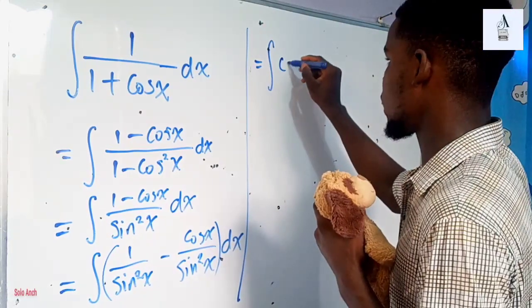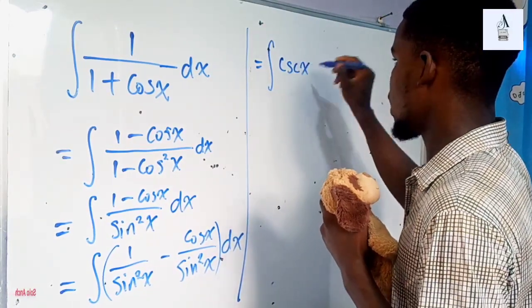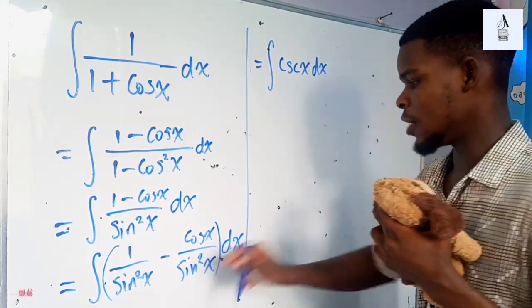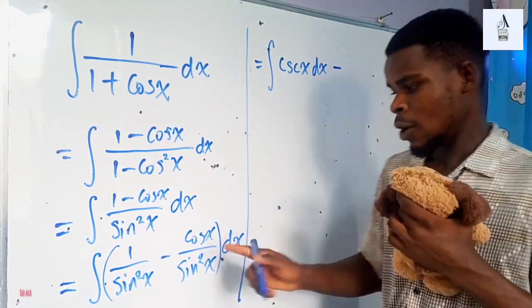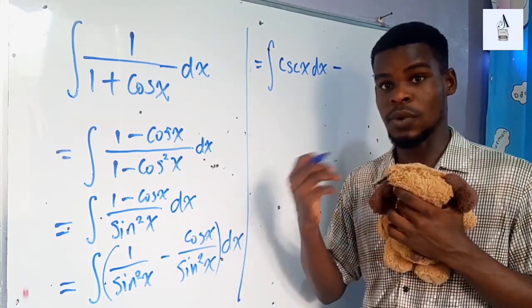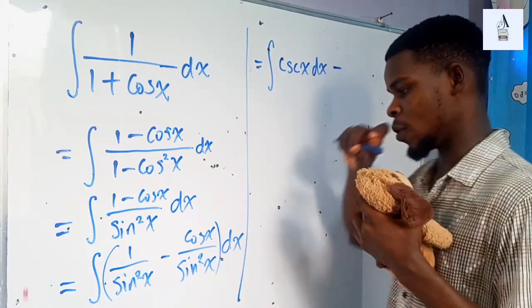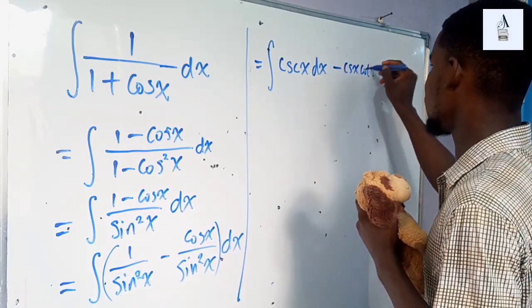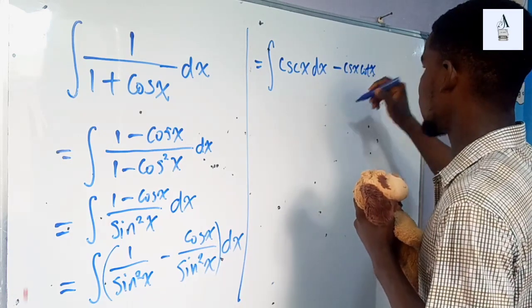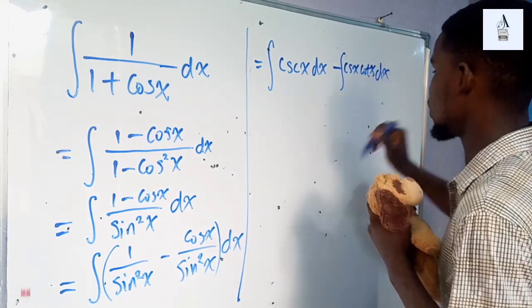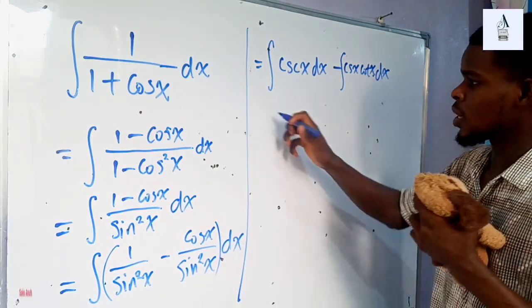So you put the cosecant squared x here, and if you like, you can split the integrals at the same time. Minus, well, cosine x over the sine square of x. So cosine over sine is cotangent, then 1 over sine will be cosecant. So here we have negative cosecant of x times the cotangent of x, and we can put the dx over here. We just split the integrals.